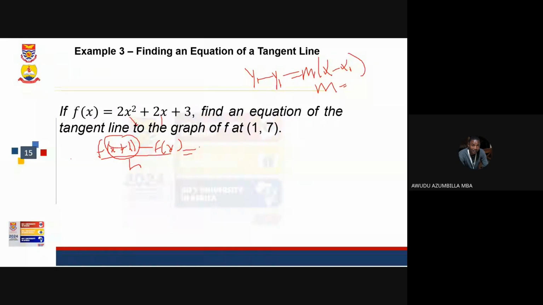So the first term is 2x. In that I am going to separate 2, then I'll put bracket x.